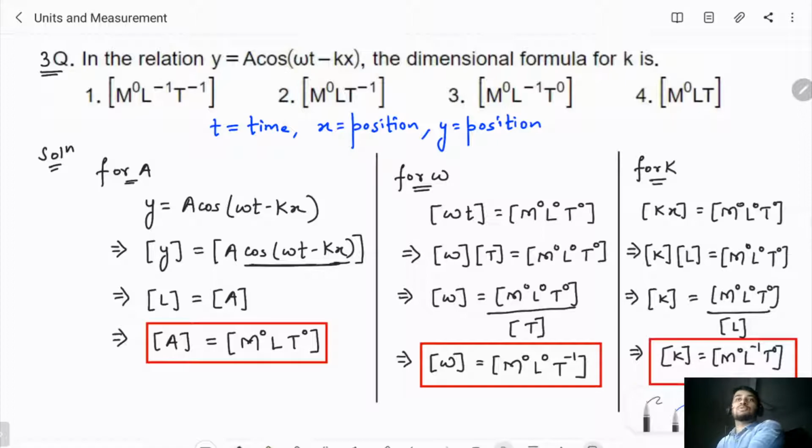So this is the dimensional formula for k. The correct answer here will be the third option.